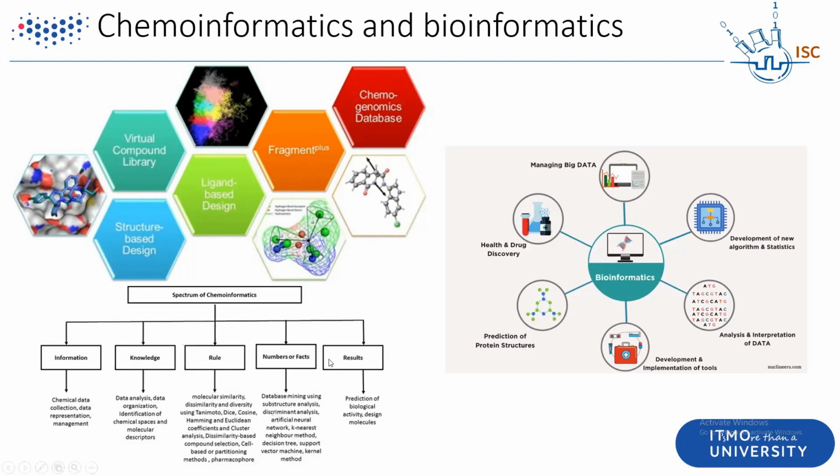Then you get some number of facts, the database mining facts using data mining, literature search, data parsing. Sometimes you are integrating into the artificial neural networks, k-nearest neighbor methods.